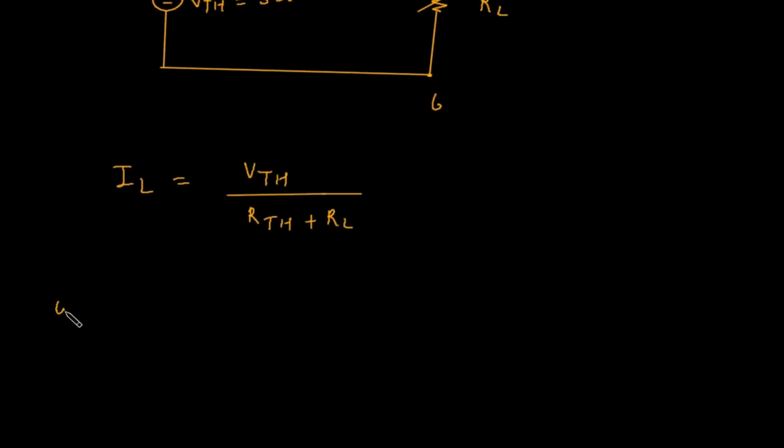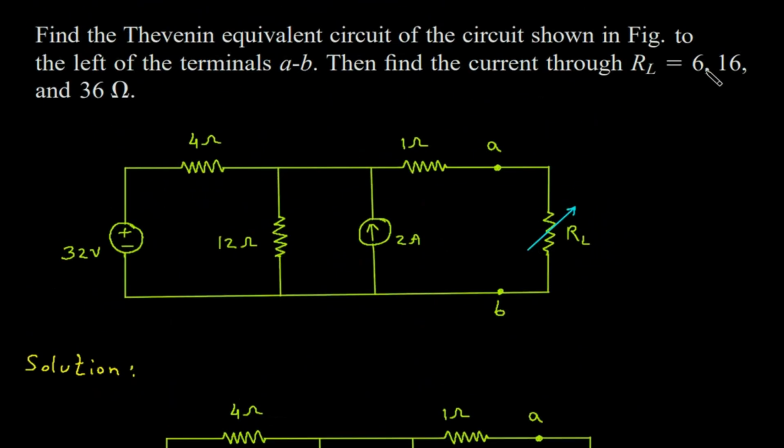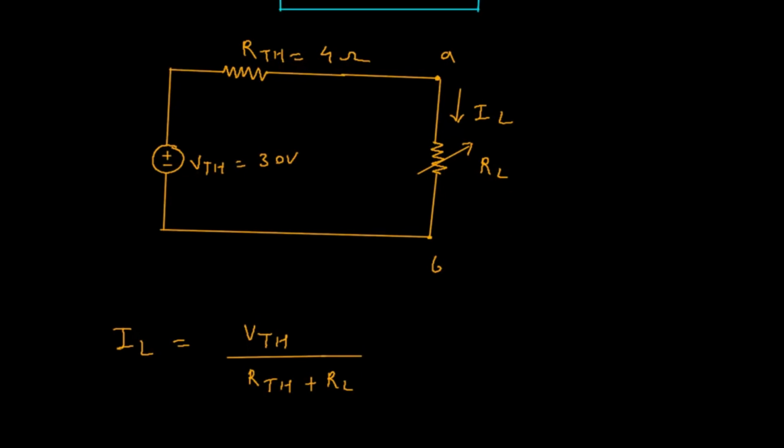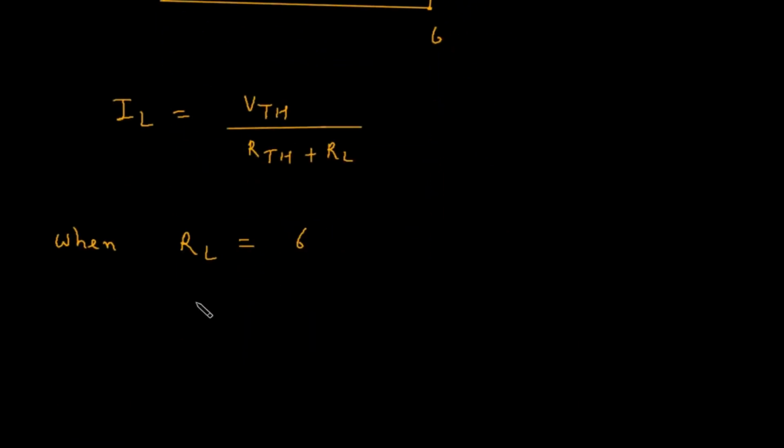Now when RL is equal to 6 ohm, then IL is equal to VTH, which is 30, by RTH, which is 4, plus RL, which is 6. So this will be 10. So this will be 3 ampere.